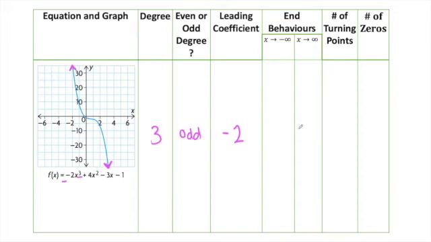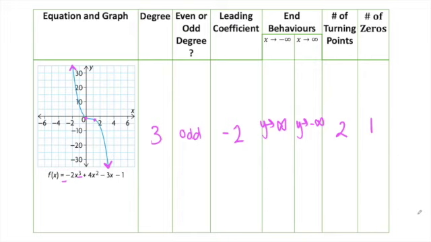Our end behaviors: as x approaches negative infinity, y is approaching positive infinity. As x approaches positive infinity, y is approaching negative infinity. For the number of turning points, we have 2 turning points, and our number of zeros is just 1.